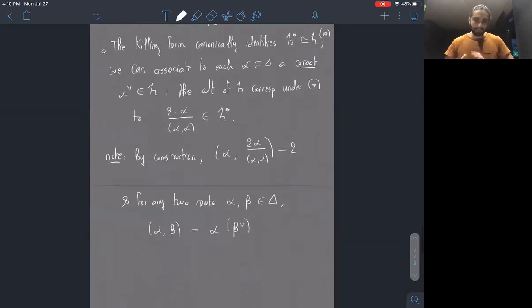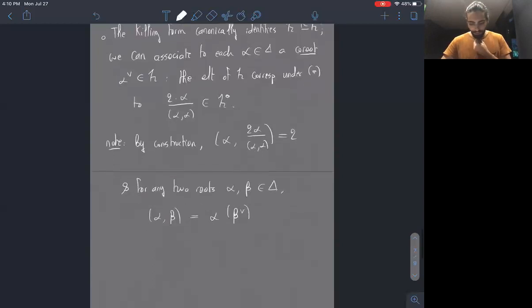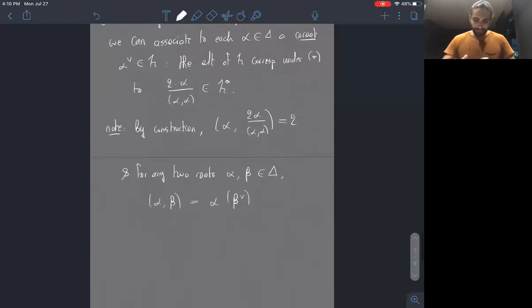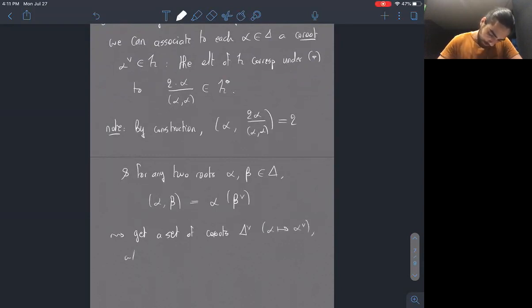So it's a way of reinterpreting beta as something to be evaluated on with respect to the Killing form. So we get a combinatorial structure attached to the root system: a set of co-roots, delta dual, together with H, also getting the structure of a root system, which we sometimes call the dual root system.